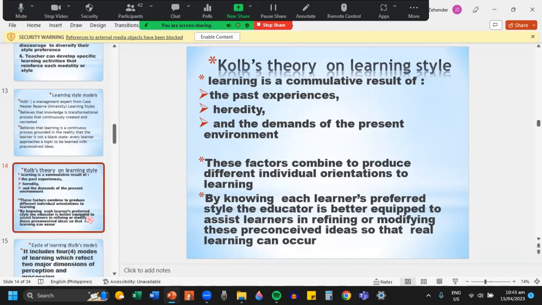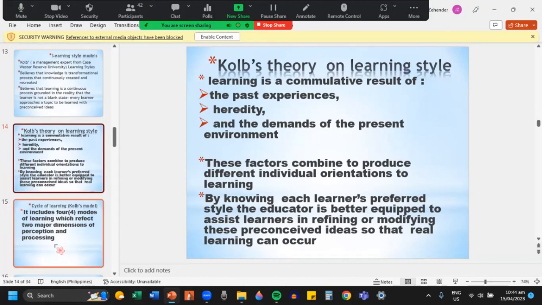Okay, so these aspects or these factors are responsible for making learning different for each and every one. So by knowing each learner's preferred style, the educator is better equipped to assist learners in refining or modifying these preconceived ideas so that real learning can occur. Okay, and it takes time for you to discover this. So it's for you to figure out.